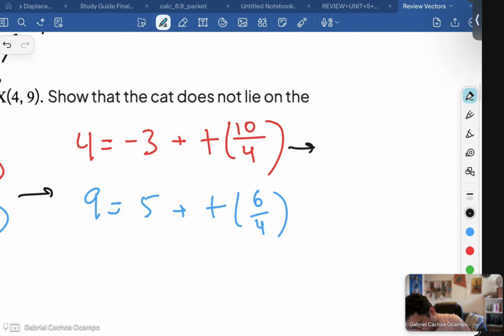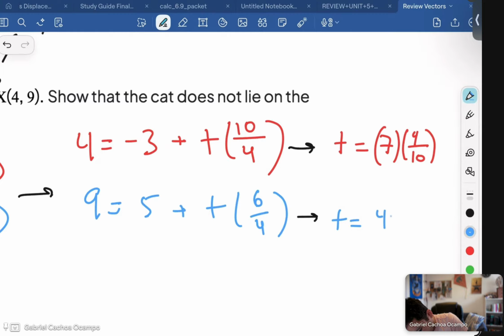So that is plus 3, so this is 7. In my first equation, t equals 7 times, multiplying by the reciprocal, 4 over 10. And in this one, I subtract the 5, so t equals 4 times the reciprocal of this, that is 4 over 6.